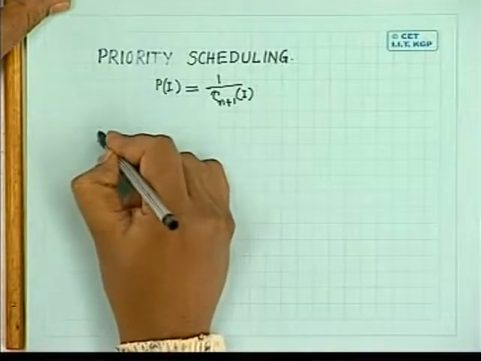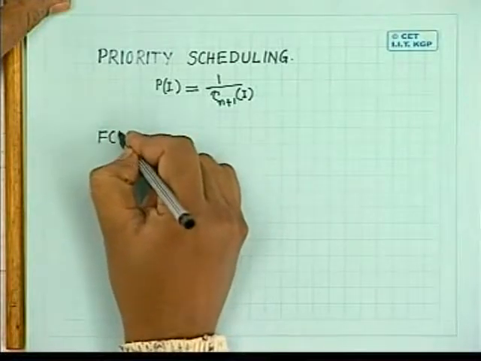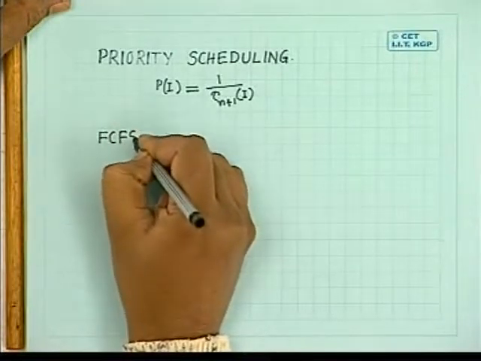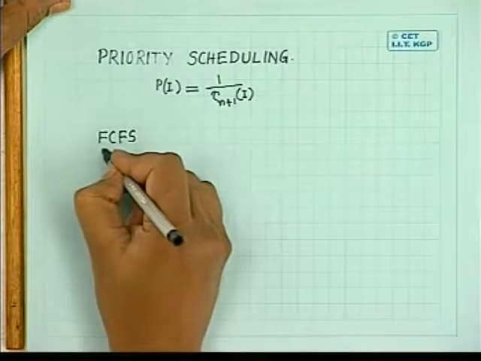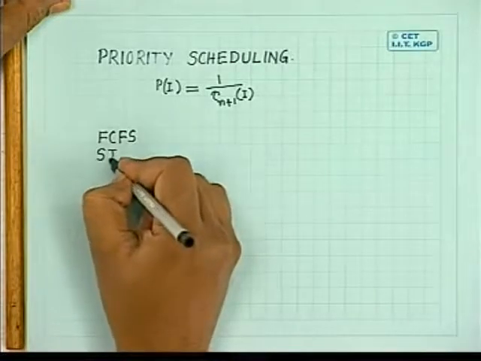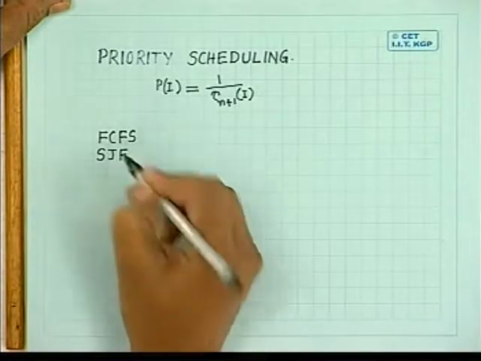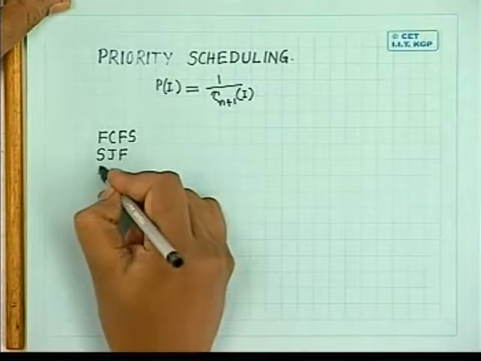Now, these three kinds of CPU scheduling techniques, that is, first come first served CPU scheduling, FCFS, or shortest job first scheduling technique, SJF, or priority scheduling.